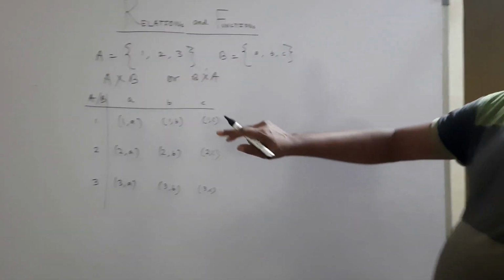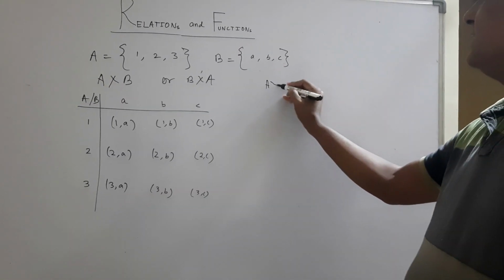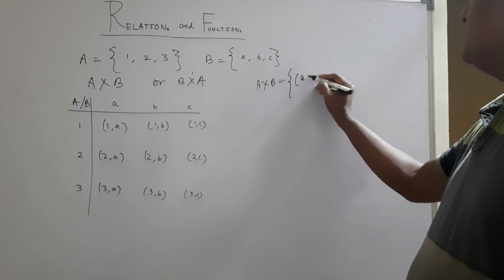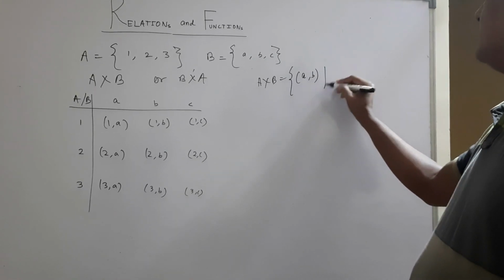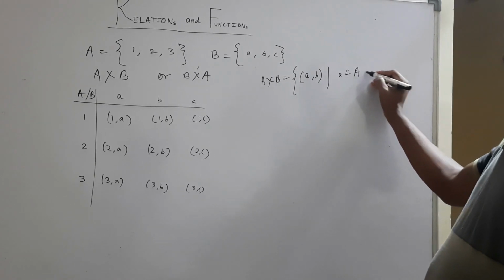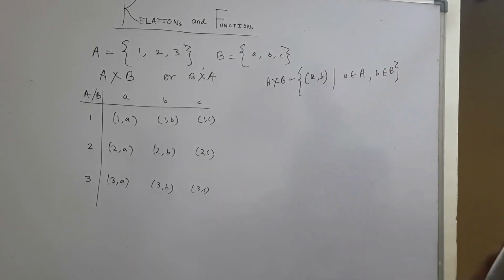Now the Cartesian product from set A to B, A cross B, is defined as the set of ordered pairs (a, b) such that a belongs to A and b belongs to B.